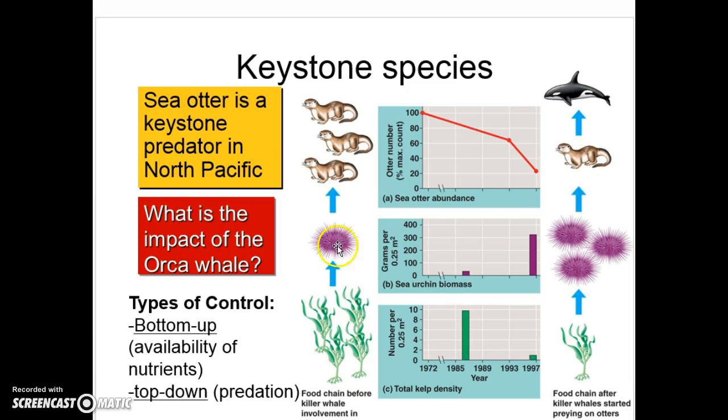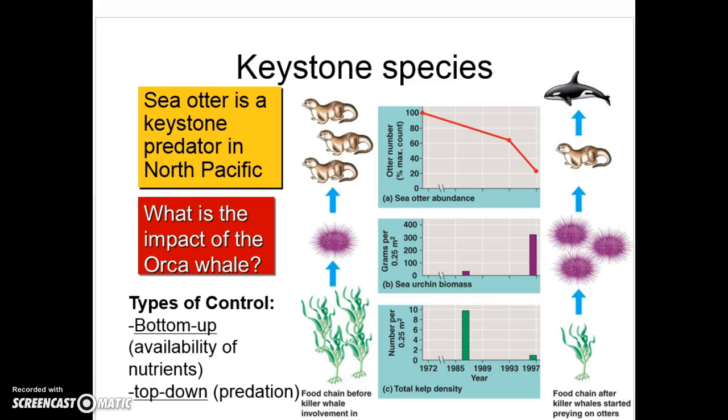But you can see if we have too many sea otters, if, for example, there aren't killer whales around to control the size of this population, they tend to eat a lot of the sea urchins, which then makes there not be enough sea urchins to control the amount of algae that is growing, or the kelp. So the plants are going to be overpopulating.